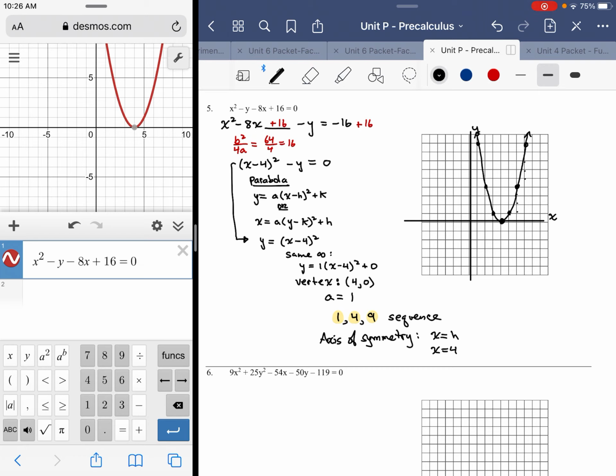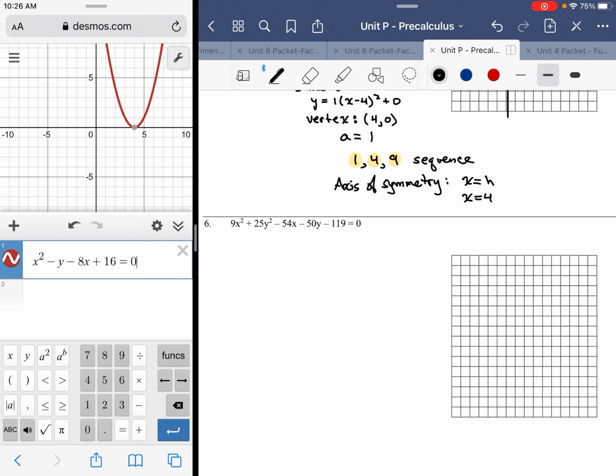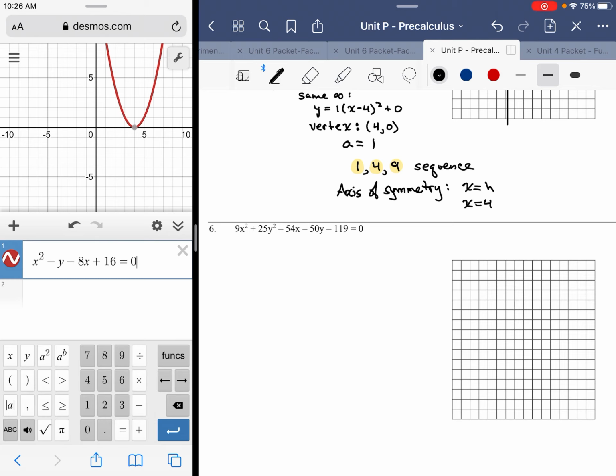So you know your leading coefficient is 1, identify the vertex, and you have your standard form. You can go that way too, and it would work with any of these general forms. It's just that you're not always going to get a parabola, but you can always use that technique.